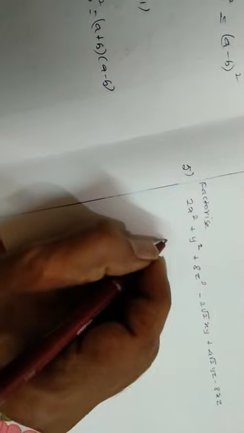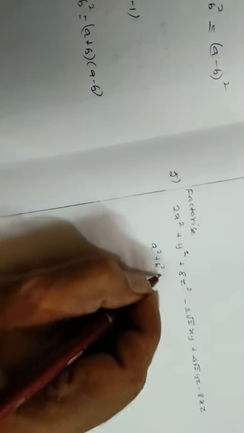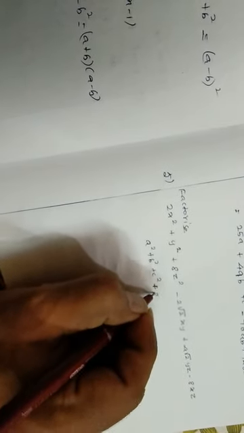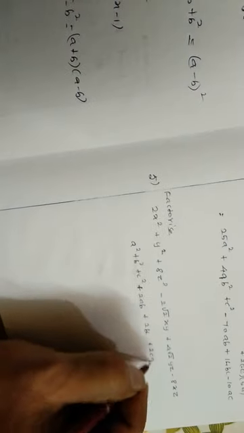Next, factorize. You are going to take the square terms and compare with your identity: a squared plus b squared plus c squared plus 2ab plus 2bc plus 2ca equals a plus b plus c the whole square.